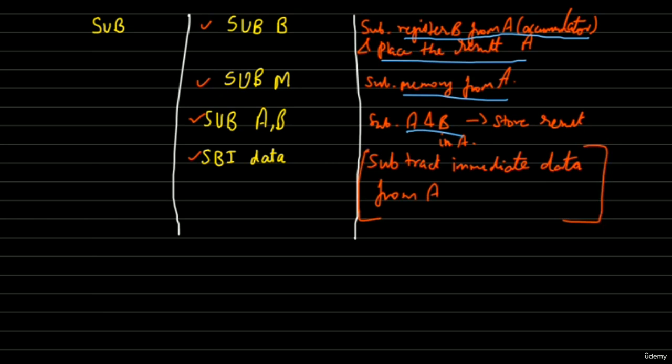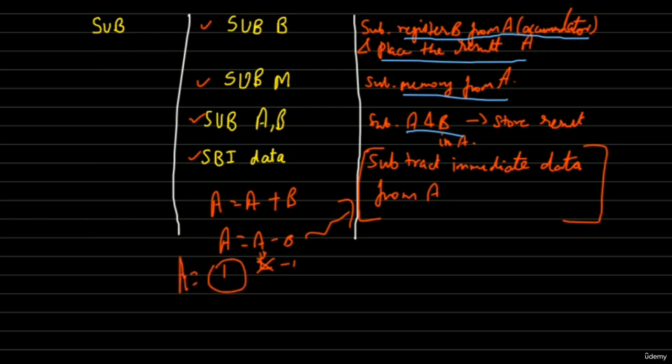Sometimes we need to store it, sometimes we need to subtract it, like A is equal to A plus B. In this case we need to add it up, and in this case we need to update it. So immediately subtract the data. Like A is 2 initially and B is 1. On subtracting we are going to get 1, and A's value is now not 2 but 1. So this is what it means. I hope you have understood this quite clearly.